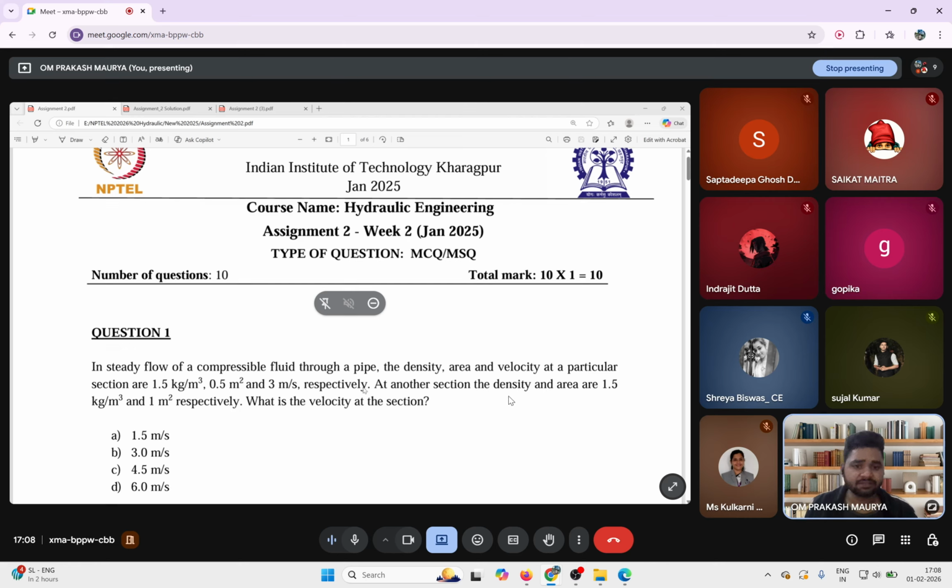At another section, the density and area are 1.5 and 1 meter square respectively. What is the velocity at that section? Please try to solve. You have 2-3 minutes, then after that I'll solve.